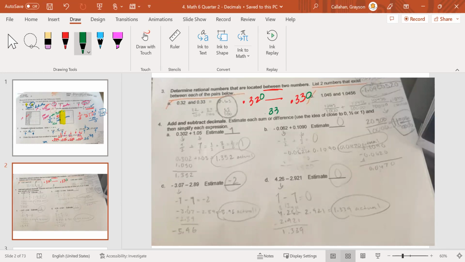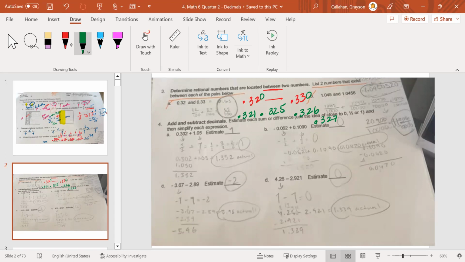Couldn't we do 335 or 325? Is that a number that's between there? Yeah. Or 326, that could be a number between there, right? Or 327, 328, 329. You just need to put the decimal in front of the 3. Or you can even go all the way to 321, right? Do you see that? So those are the numbers in between them.